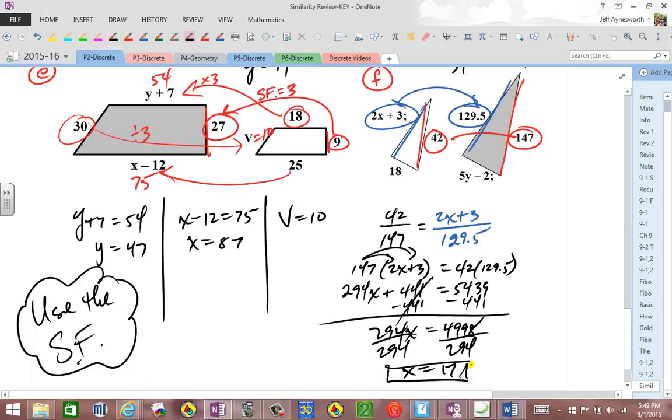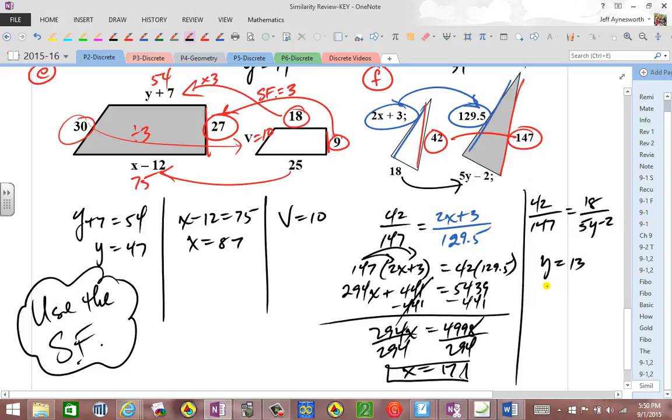And then you work it out. You do the same thing. 42 to 147 is proportional to base. All right, so 18 to 5y minus 2, and when you work it out, you get y equals 17. And, let me see the other one.